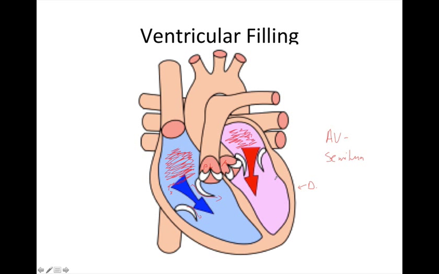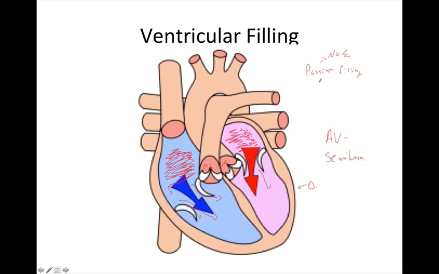What's interesting is that there are two parts to this as well, because initially, when the weight of the blood opens up the AV valves, blood just passively flows right down into the ventricles. So this first part of ventricular filling is passive filling. Remember, passive means no energy is being expended in this process.